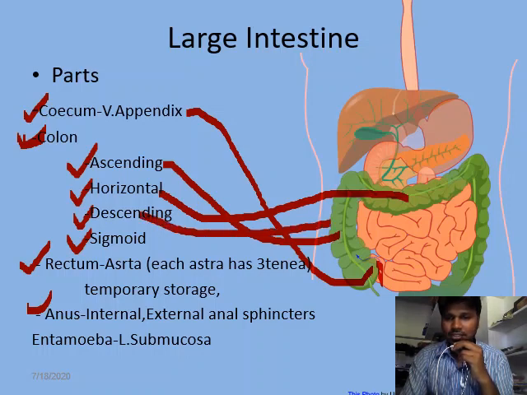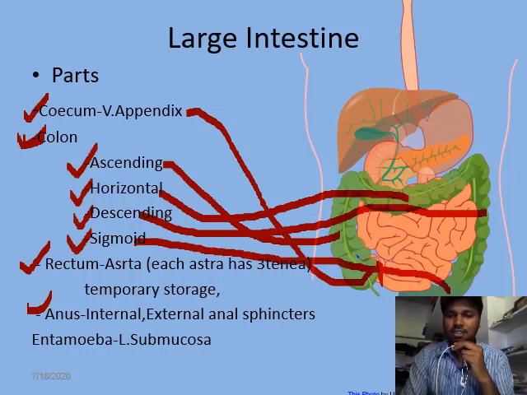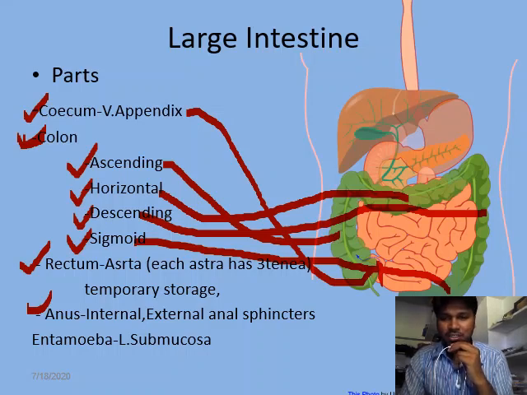The next one is called the descending colon, and the last one looks like a sigmoid curve, called the sigmoid colon. So the colon is the storage place of the undigested food, and most of the water is absorbed by this colon.